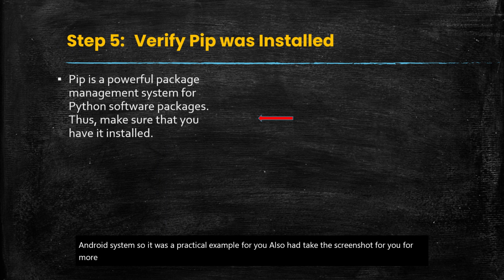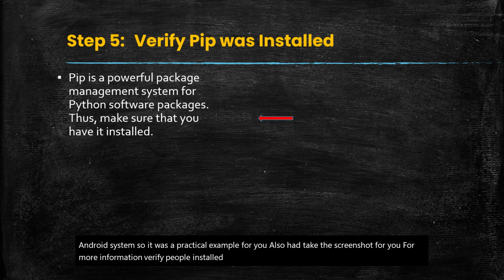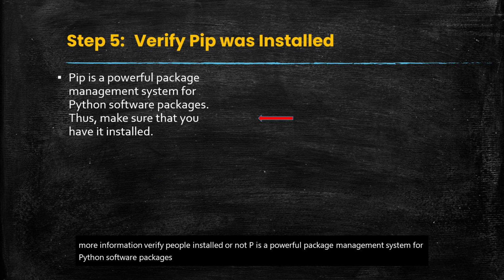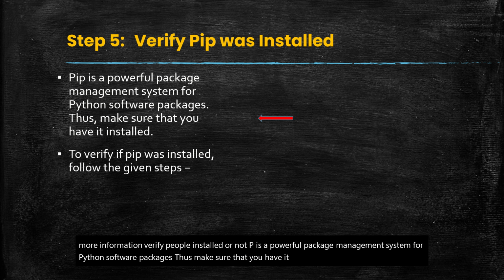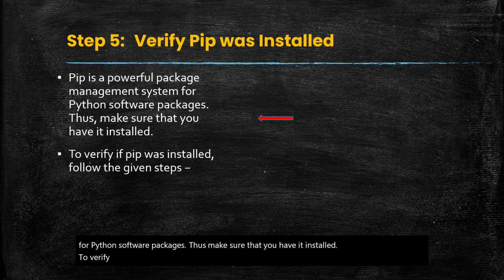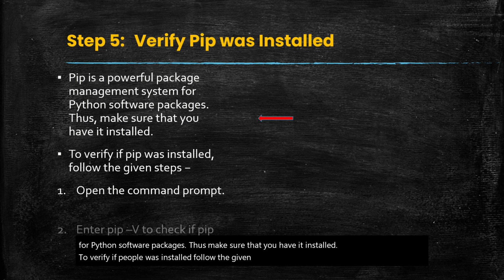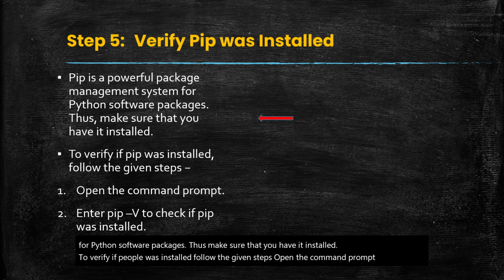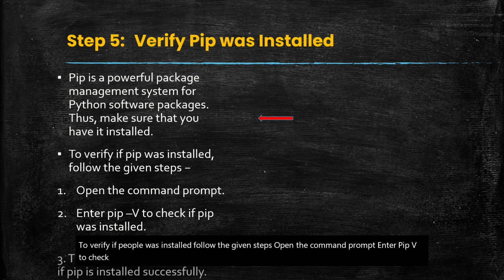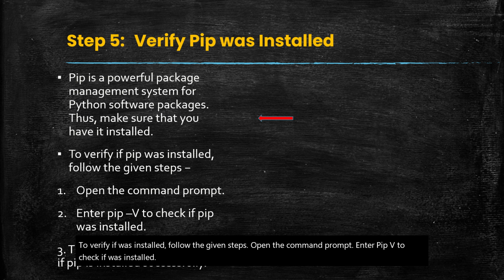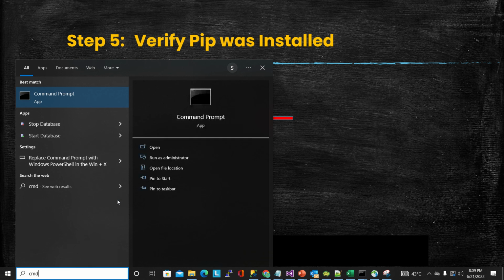Verify whether pip was installed or not. Pip is a powerful package management system for Python software packages. Thus, make sure that you have it installed. To verify if pip was installed, follow the given steps. Open the command prompt, enter pip -v to check if pip was installed. So let's open the command prompt again.